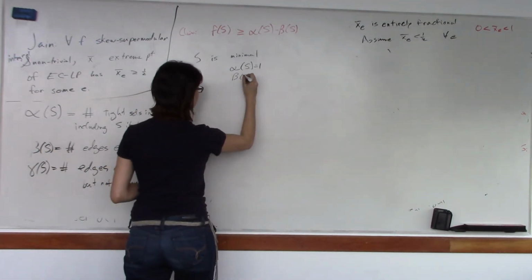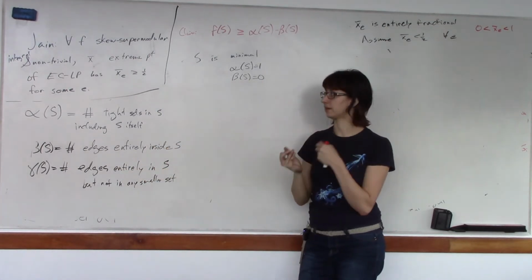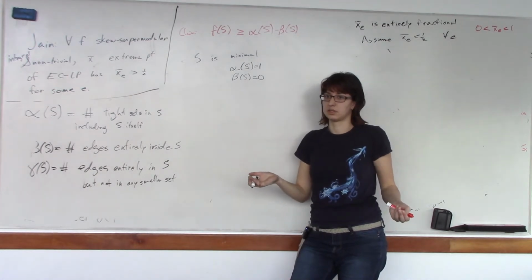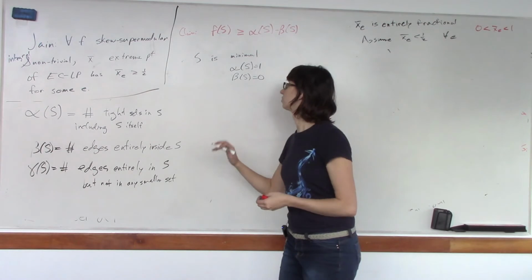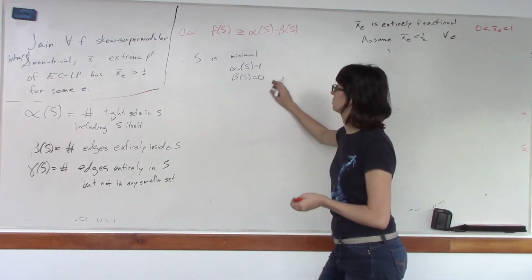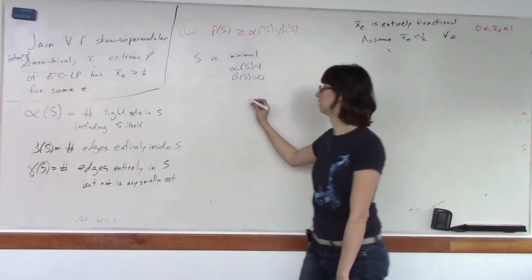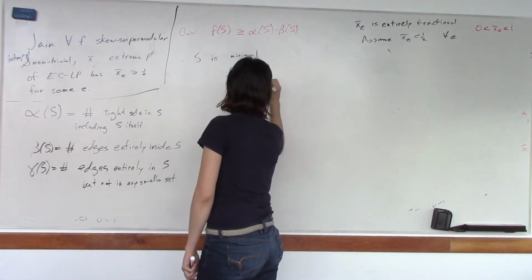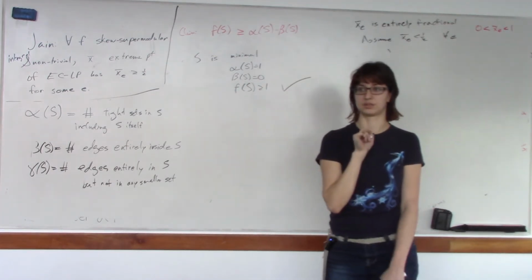And we also have beta S equals 0. If we had an edge that was entirely inside S, it doesn't cross anybody. So why is it getting value put on it? It's not in any tight constraint. So we have alpha S is 1, beta S is 0, and since S is tight, we also have f of S is greater than or equal to 1.